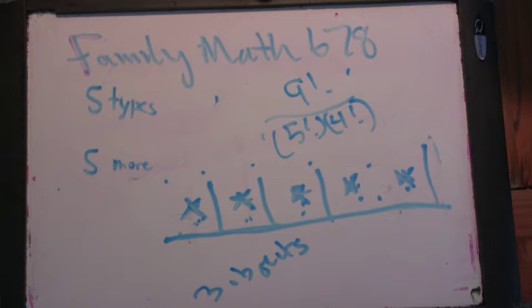Well, you'd have to do a bigger row of 6 stars, and then you'd have to put down 2 bars. Which would mean that it would be 8 factorial over 6 factorial times 2 factorial. Or say it with choosing numbers. It's 8 choose 6, or 8 choose 2.